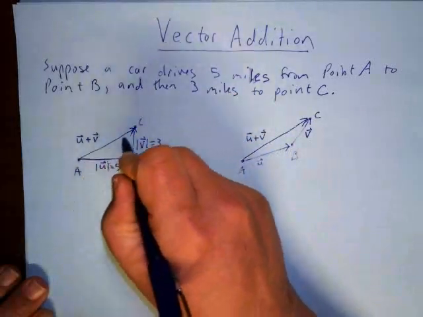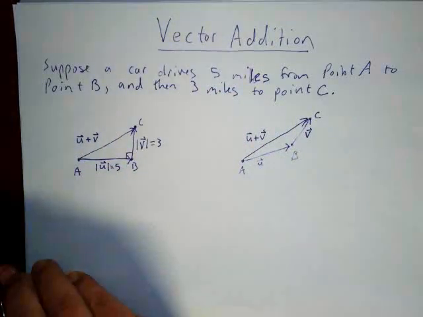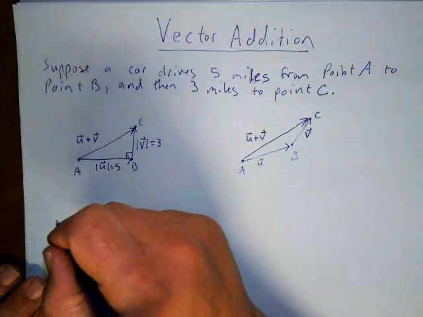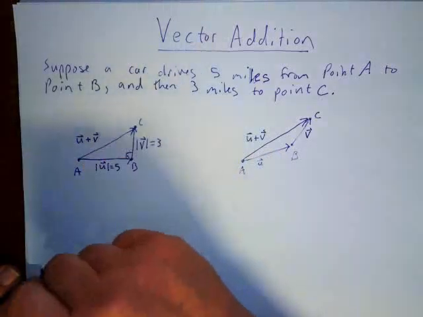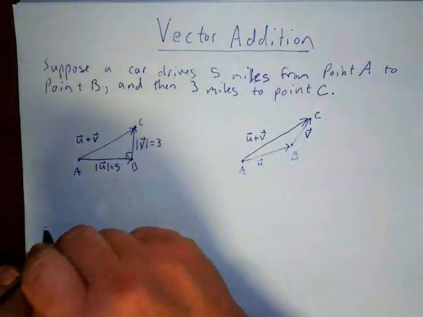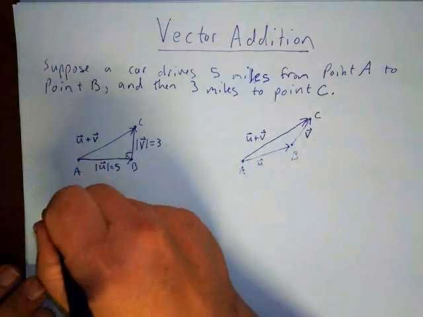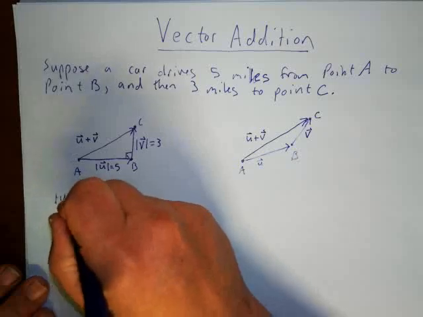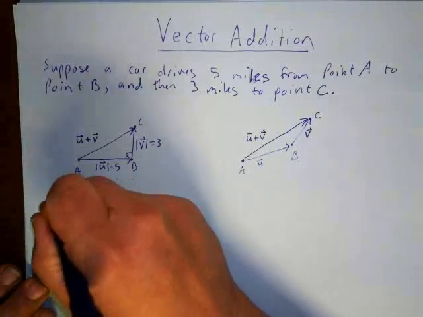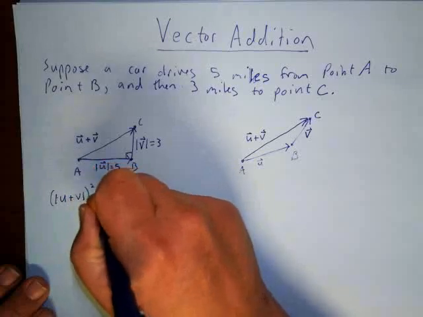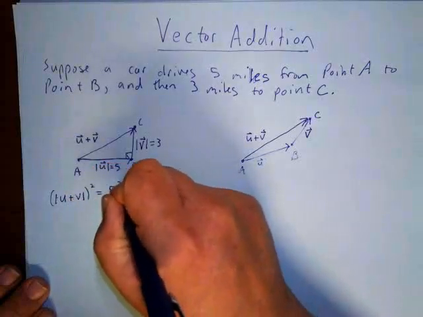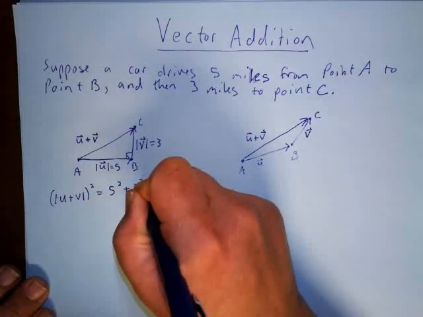Finding the magnitude of this vector is easy because that is the Pythagorean theorem. So the magnitude of U plus V, that quantity squared, is equal to 5 squared plus 3 squared.